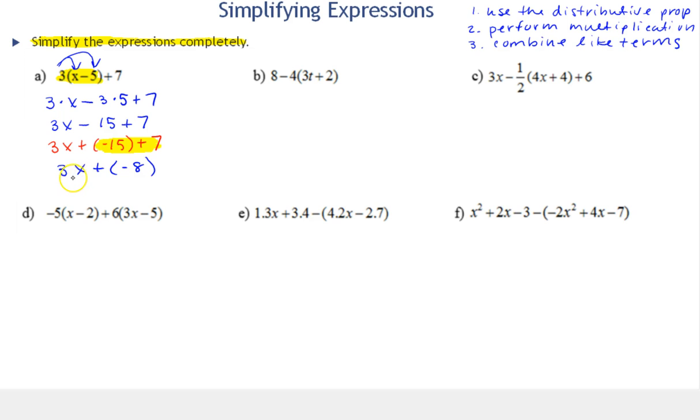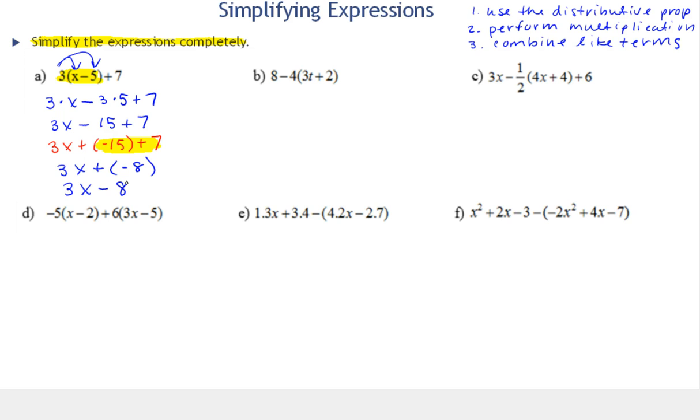And in our last step, we typically wouldn't leave plus a negative number. We like to write everything as either addition or subtraction. If the first term is negative, we write it as a negative as opposed to adding an opposite because there's nothing in front of it. But here we're going to write this final answer as 3x minus 8.